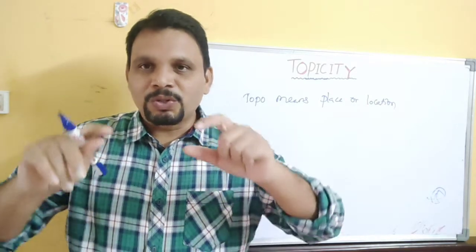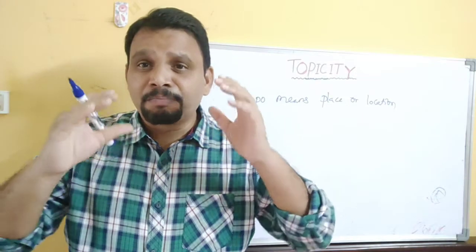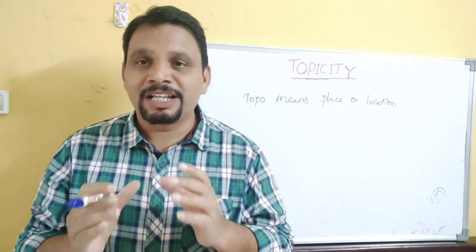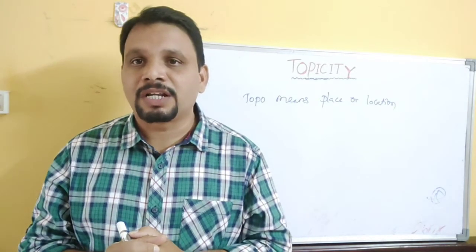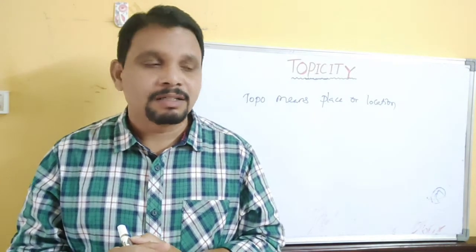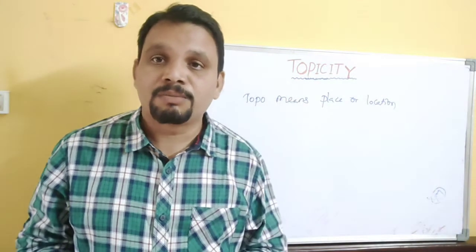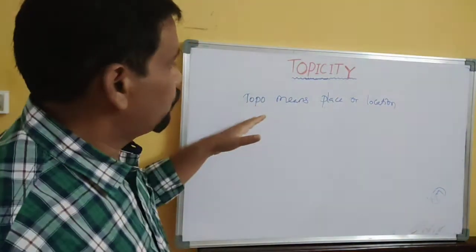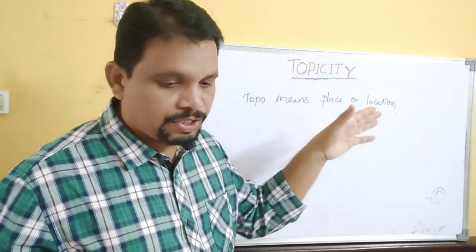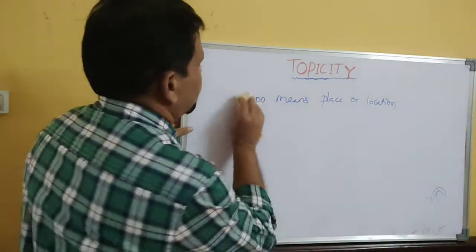Their positions, places, and locations we have to understand. Then only can we fully understand asymmetric synthesis. So topo means place or location.